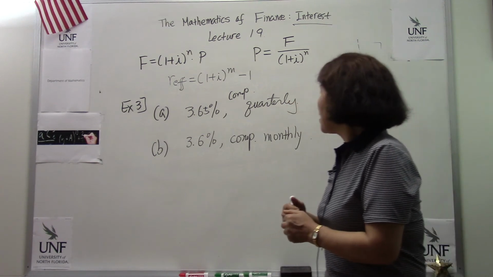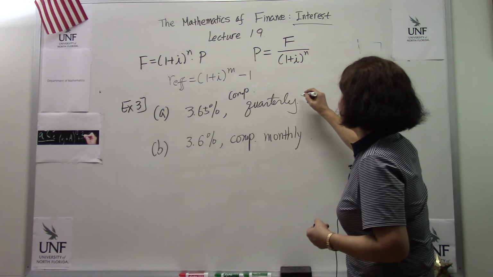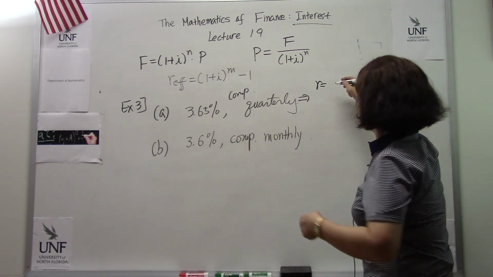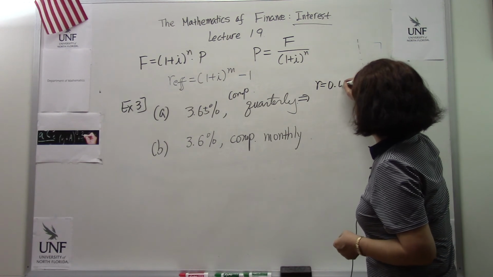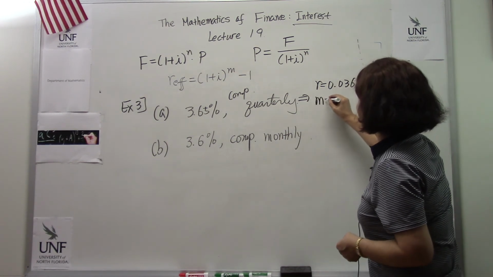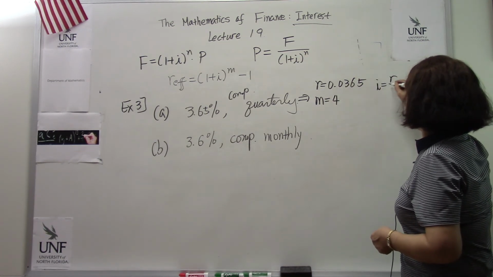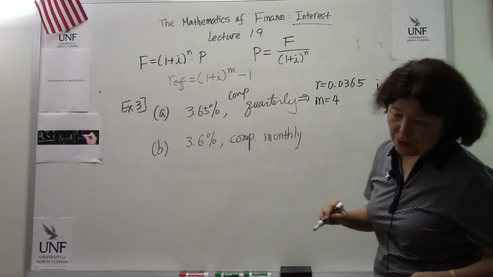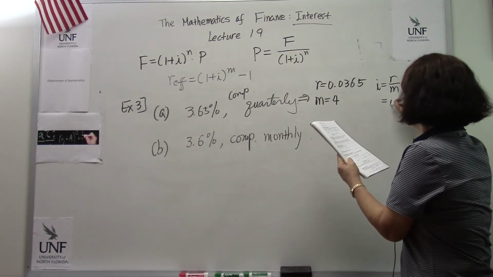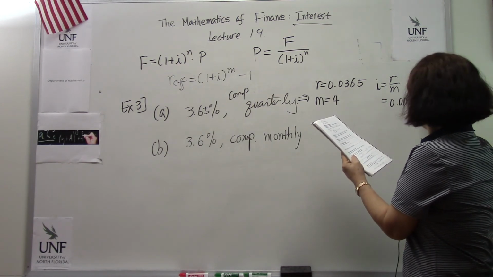Here we go. What is 3.65%? That is R. R is 3.65%, therefore 0.0365. It's quarterly, so m equals 4. What is i? R over m, which is 0.009125.